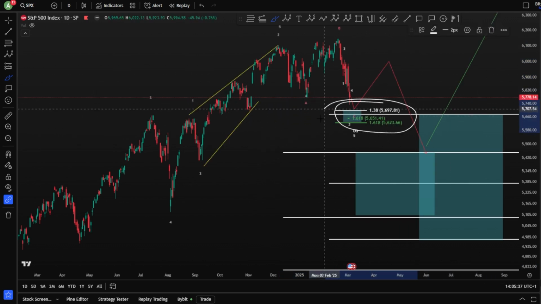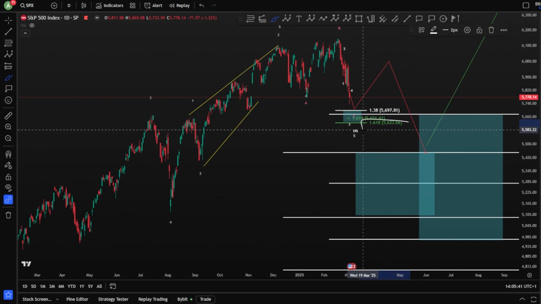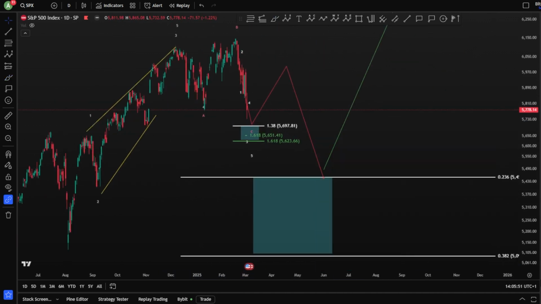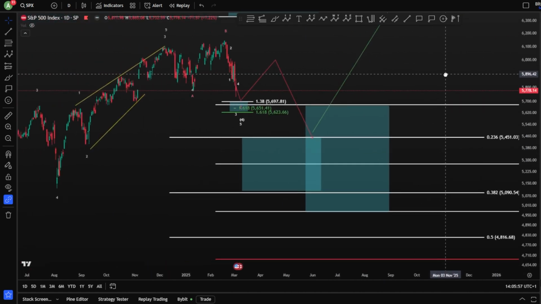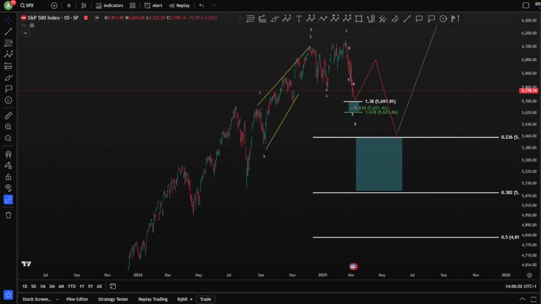As you can see, we are looking to hit those targets here, 1.38 at 5,600, and the 1.618 as well, between 5,600 and 5,700, I would say, in confluence with your 0.23 here. This is taken on the bigger view, but I would say it's not really looking good.